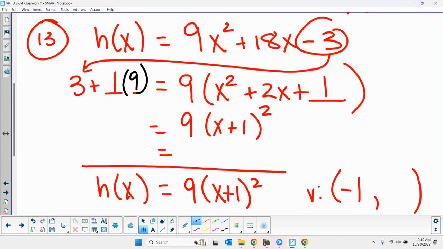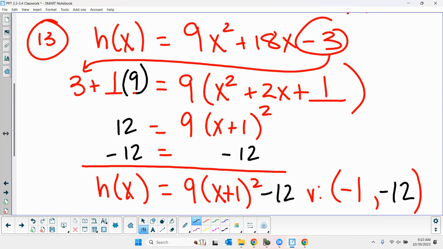Make sure I'm doing the same thing to both sides. I got in a hurry, and that's usually when we make mistakes. So this should be 3 plus 9, so this should be a 12 here. So I'm going to subtract 12. So my vertex is negative 1, negative 12.